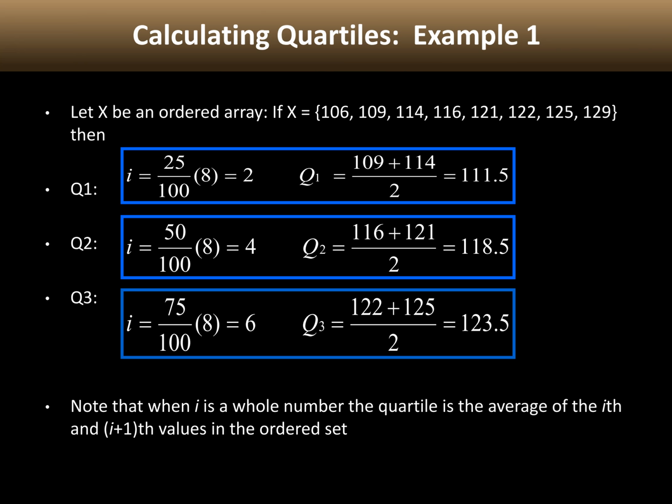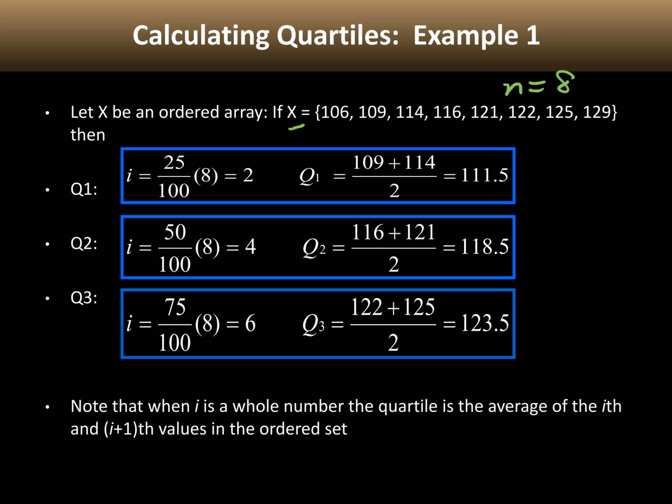We have an array of 8 values, denoted by X: 106, 109, 114, 116, 121, 122, 125, and finally 129. For the lower quartile, Q1, we calculate the location index I as 25 divided by 100, multiplied by 8, because n equals 8, and we get 2.